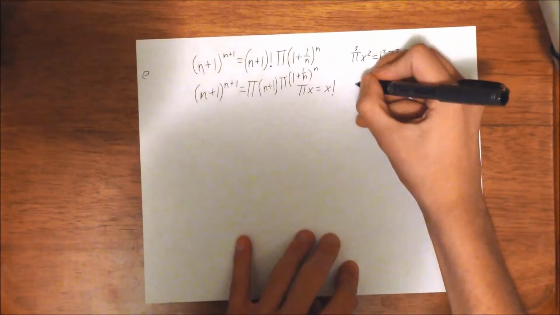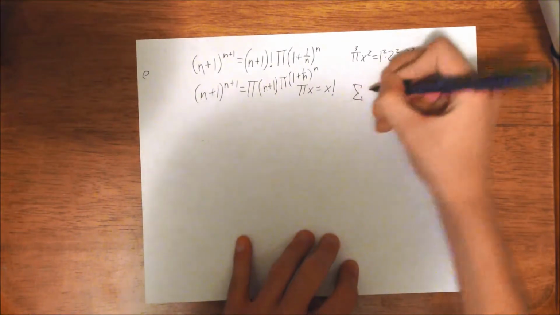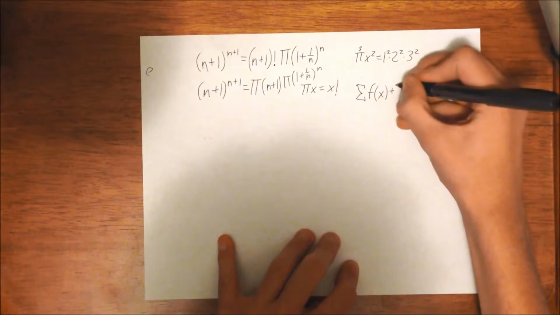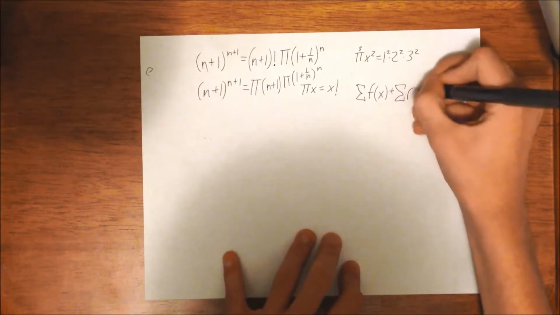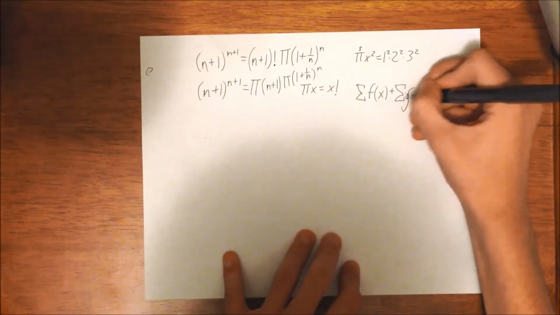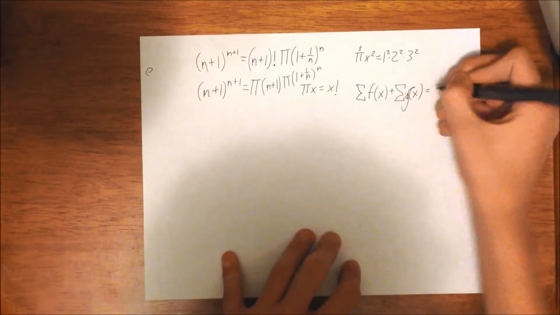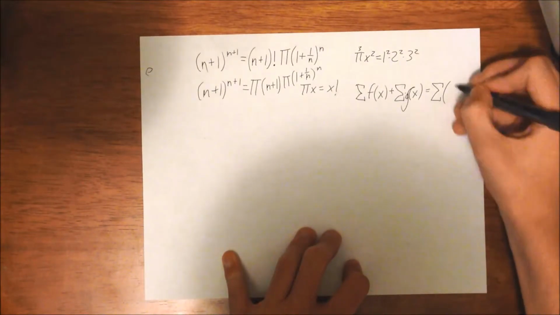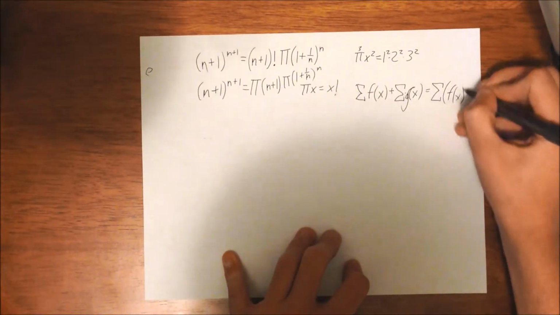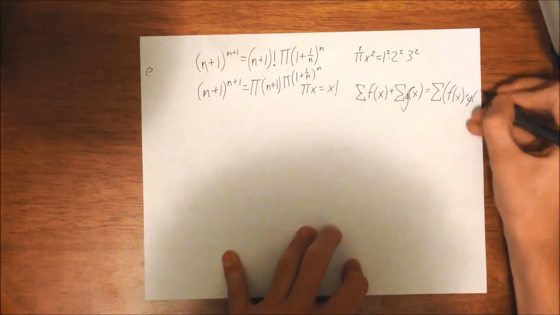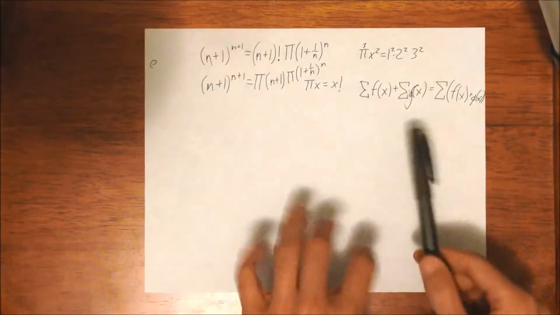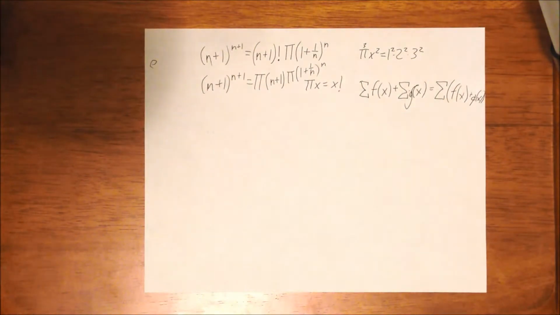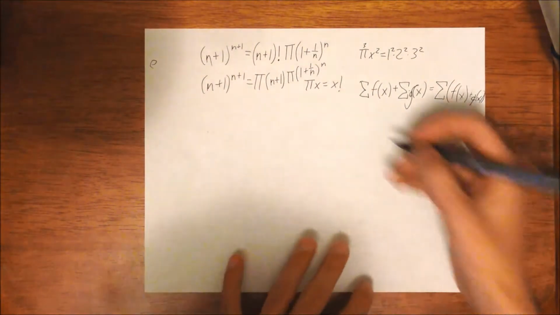Now, in much the same way that the summation of f of x plus the summation of g of x is equal to the summation of f of x plus g of x, but summations are a grade 1 operation, so the product would be grade 2.